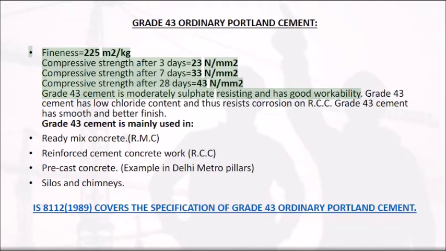Compressive strength after 28 days equals 43 N/mm2. Grade 43 cement is moderately sulfate resisting and has good workability. Grade 43 cement has low chloride content and thus resists corrosion on RCC. Grade 43 cement has smooth and better finish.